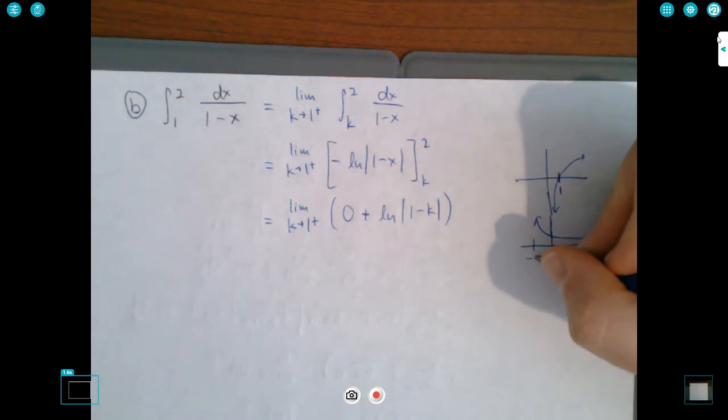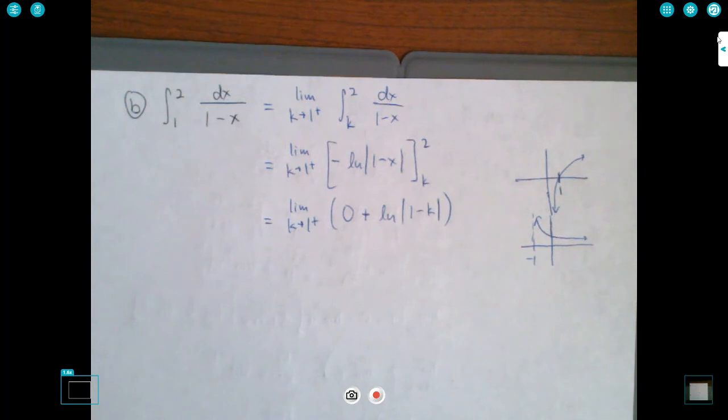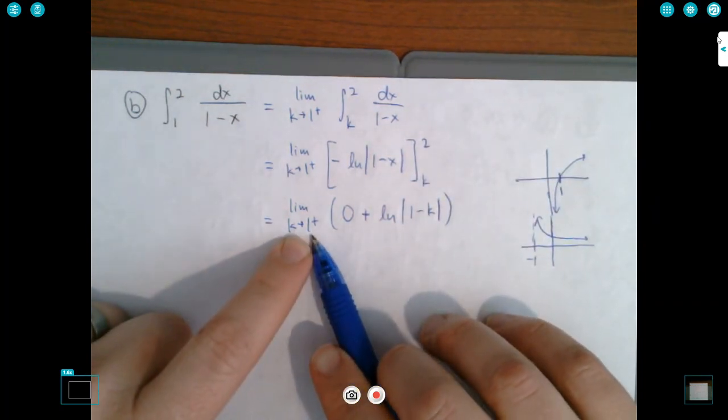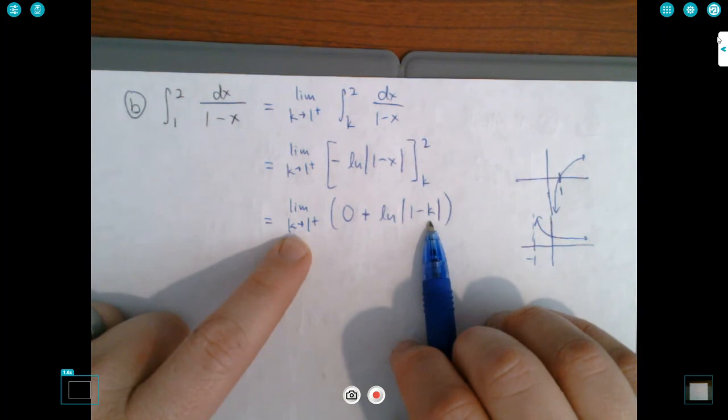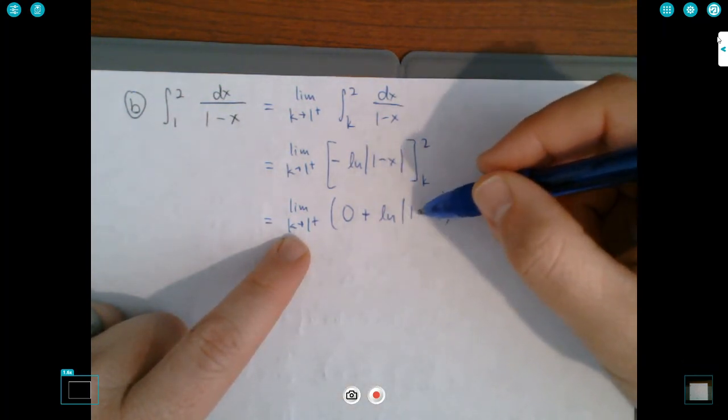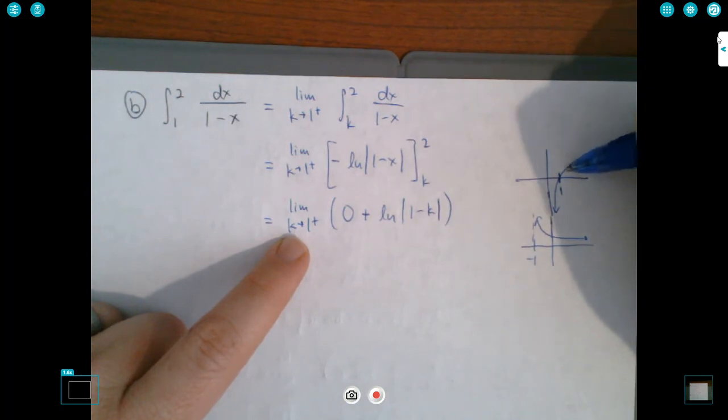Okay, where this is like negative 1, right? No, that's still not right. Goodness gracious. Why is this giving me such trouble? As we approach 1 from the right, we're going to be approaching ln of 0 from the right.